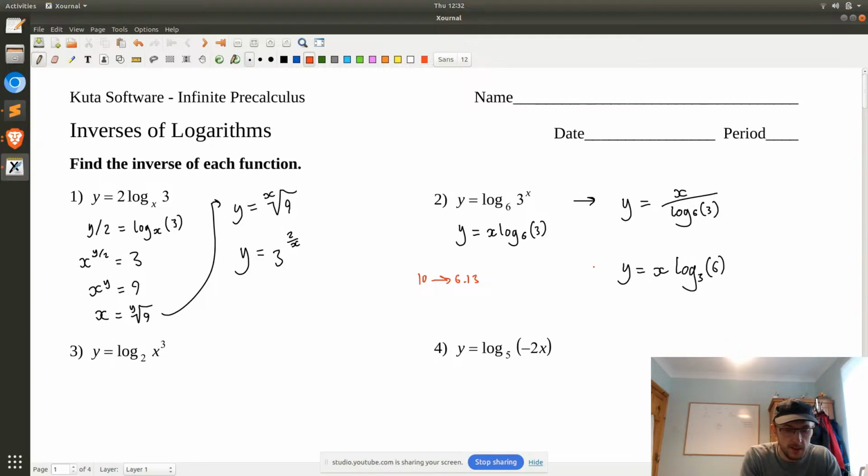And I'll put in log base 6 of 3. Whereas if I do it over here, no, they're completely equivalent expressions, but I just can't quite see it.